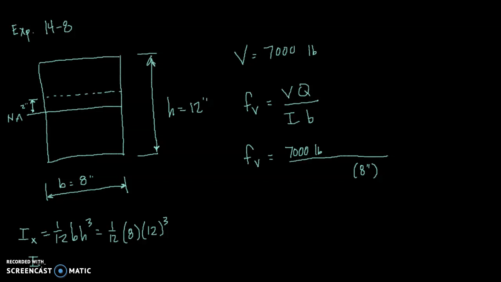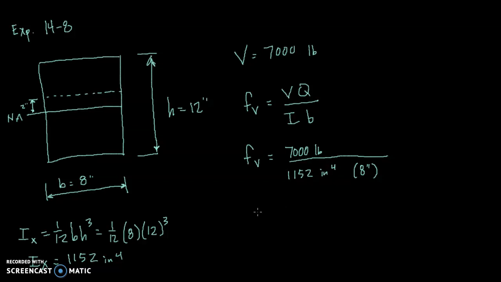So 1/12 times 8 times 12 to the third should give us 1,152 inches to the fourth. So I can plug that value in here. 1,152 inches to the fourth.